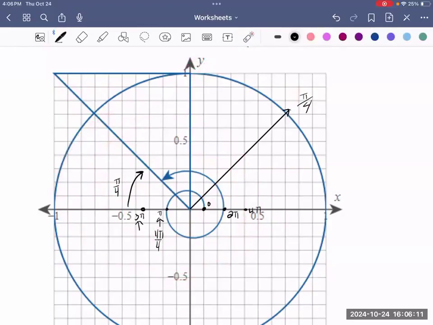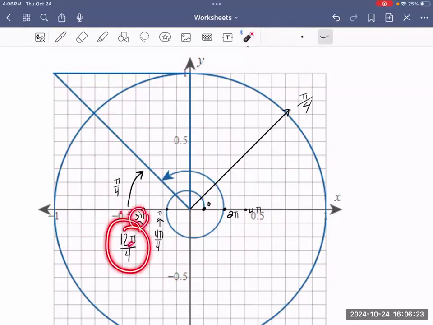So for us, if we rewrite this 3 pi into 12 pi over 4, notice that we didn't fully achieve this 3 pi, or 12 pi over 4. Instead, we went 1 backwards.